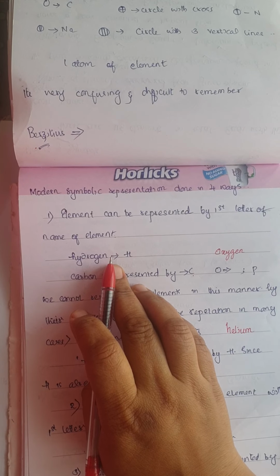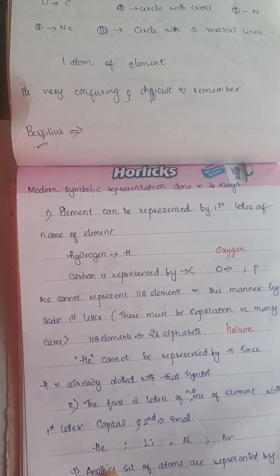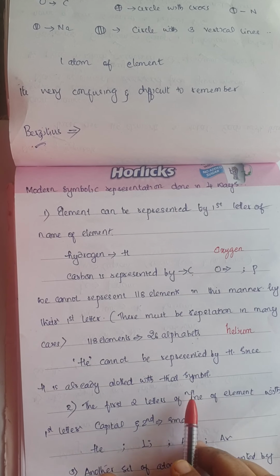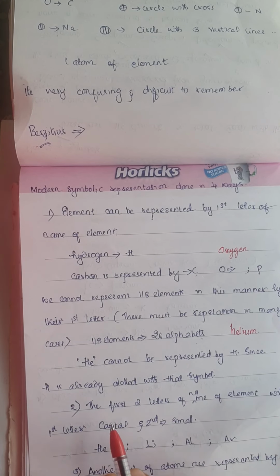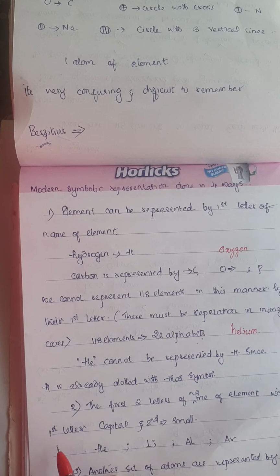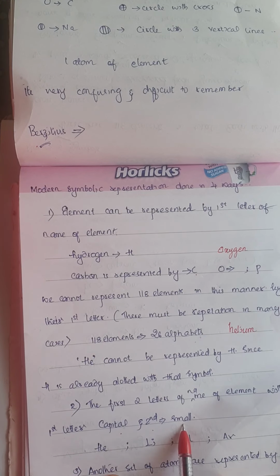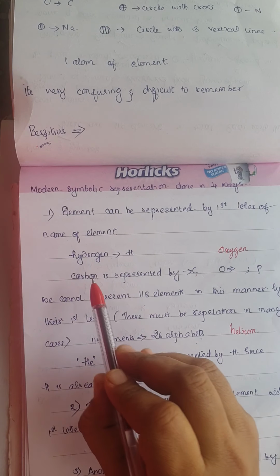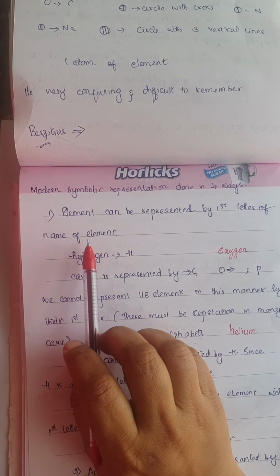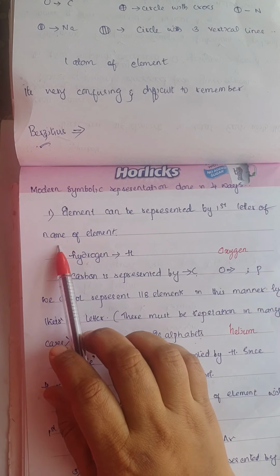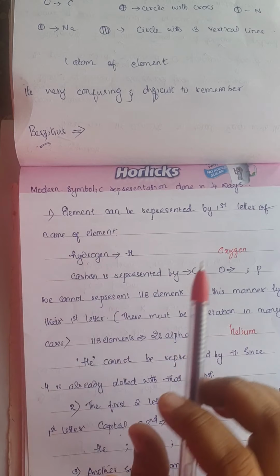So what's another method to represent helium? The first two letters of the name of the element. So we are using the first two letters of the name of the element, with the first letter capital and the second letter small. In the case of hydrogen, what is the first method, children? An element can be represented by the first letter of the name of the element.